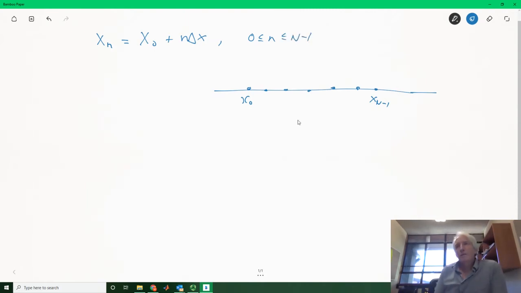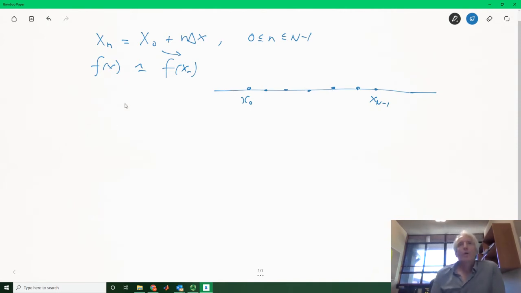So that's the discrete point. So we're going to approximate f of x by some vector f of x_n, right? We're going to take the value of our function and evaluate it at those discrete points.